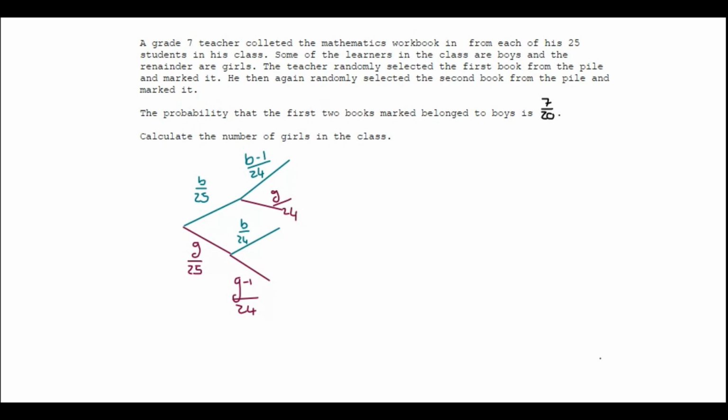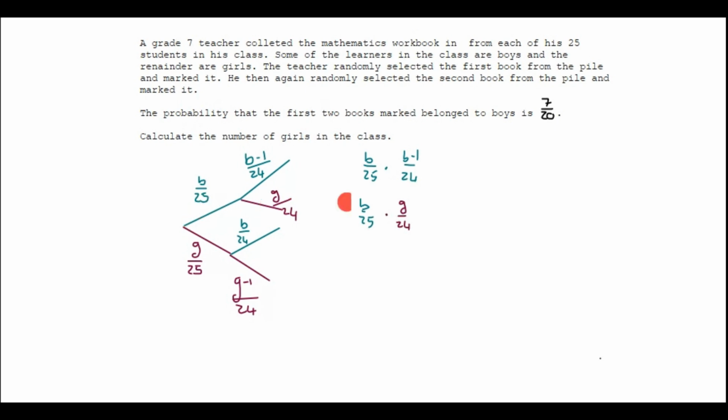Now, if we look at the product of the branches, this first one would be boys over 25 multiplied by boys minus 1 over 24. And likewise, the second branch would be boys over 25 multiplied by girls over 24. And so we would go on.